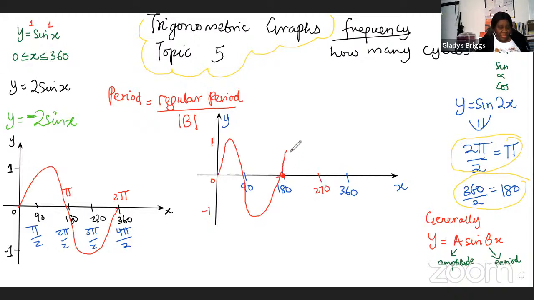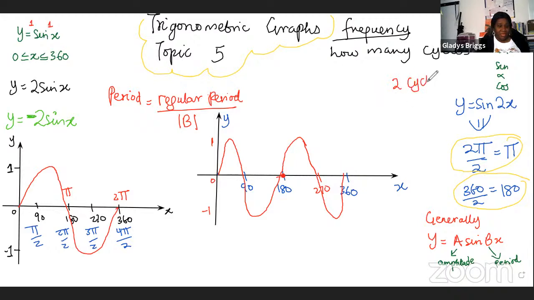From here, I want to make sure that, yeah, and that's it. So I have 2 cycles this time.